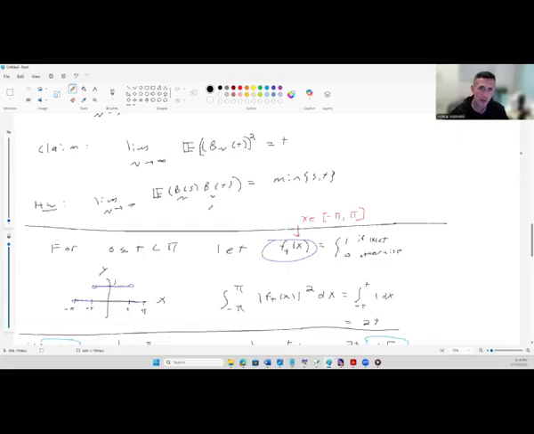As N goes to infinity, Bn of s times Bn of t converges to the minimum of s and t. It's just Parseval's theorem. And again, this approach was done by Norbert Wiener, I think early 1900s.